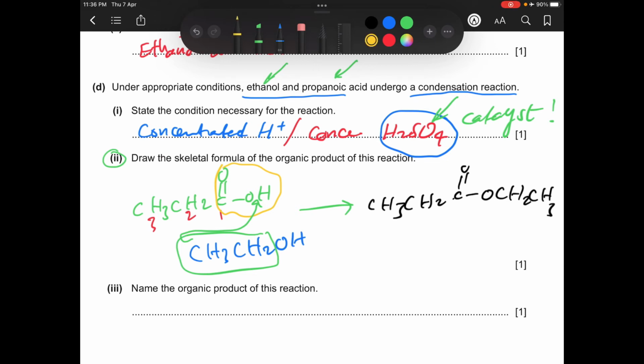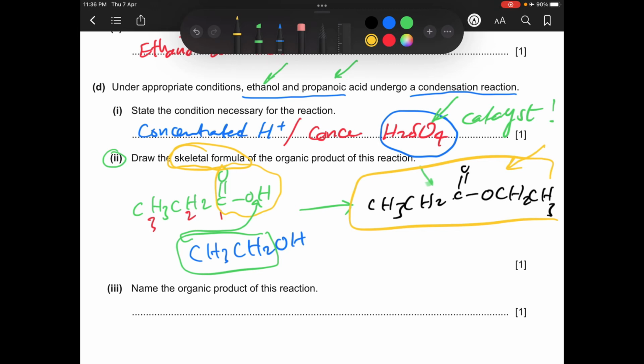But put in your mind, once you draw that, you have to read again that it needs a skeletal formula. Once you write this compound with your pencil, you have to translate it to skeletal formula. Don't write this as the answer. How can I draw that?